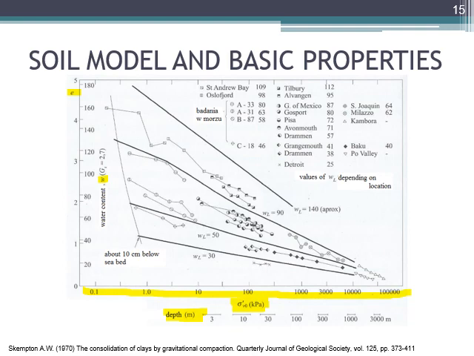We assume that the soil is fully saturated. If it is fully saturated, then the void ratio depends only on the water content and the relative density or specific gravity. So let's first look at the samples here.